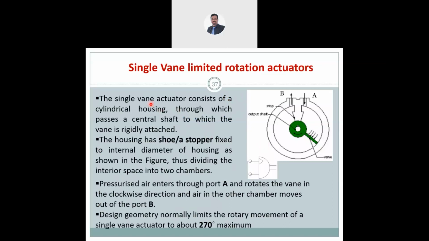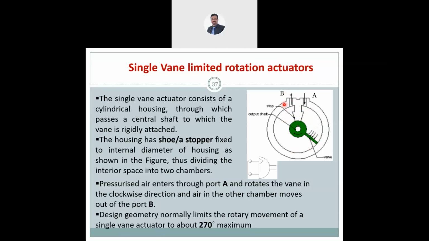Okay, single vane. So meaning it only has one side. This green one only has one side. So air is entering through A, so it will push this thing, starting from here until the stopper here. Okay, so you have two stoppers.